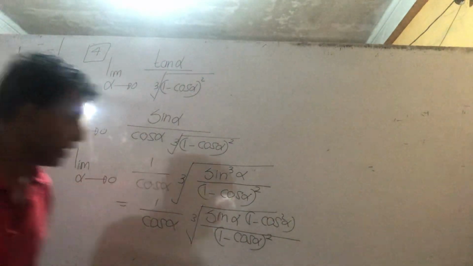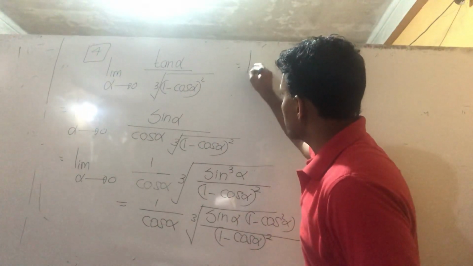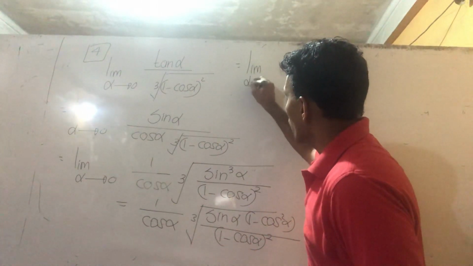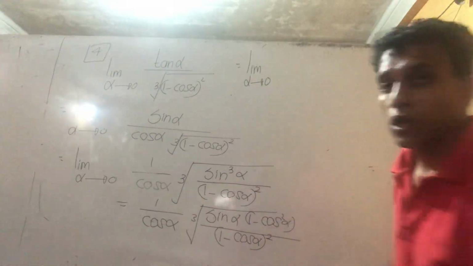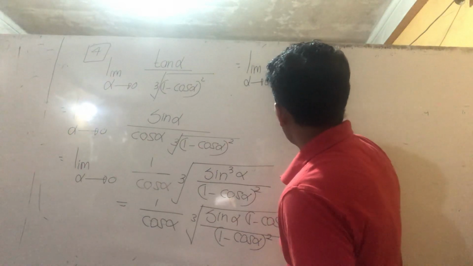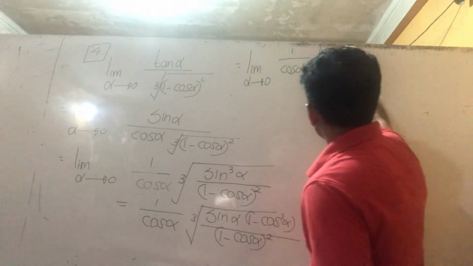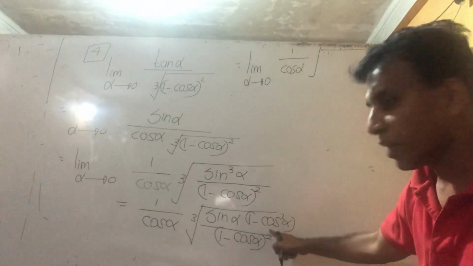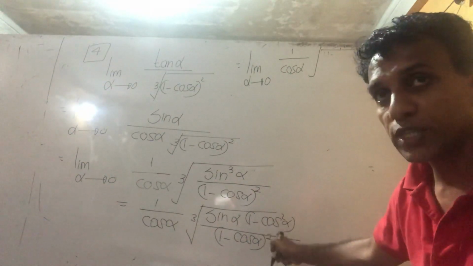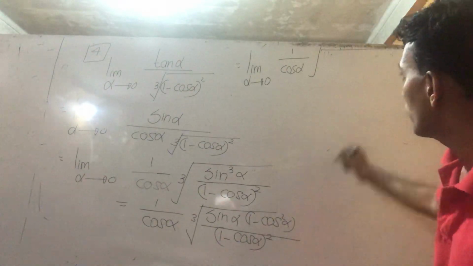Completely squared, right? So therefore, the limit as alpha approaches 0, 1 over cos alpha, you can factorize 1 minus cos square alpha as 1 minus cos alpha times 1 plus cos alpha.